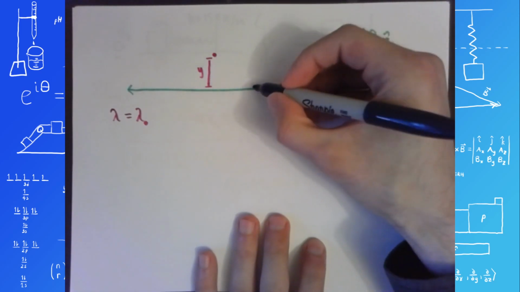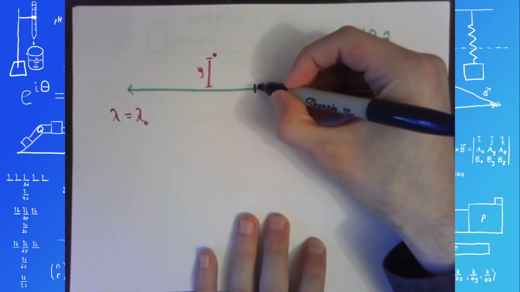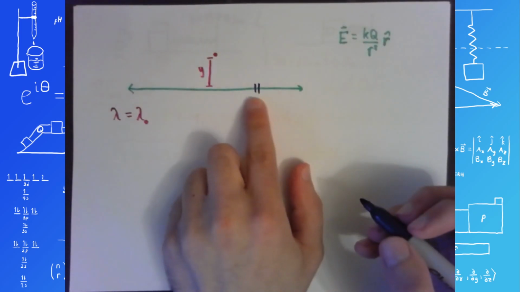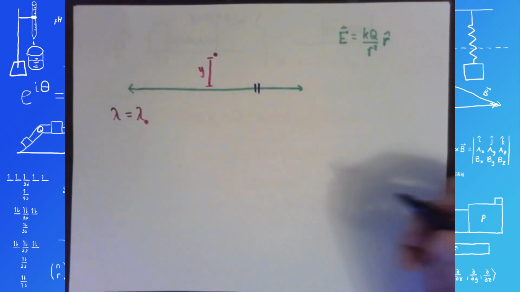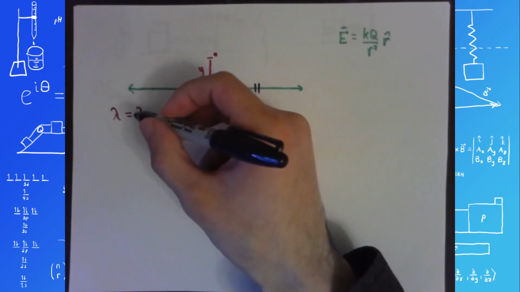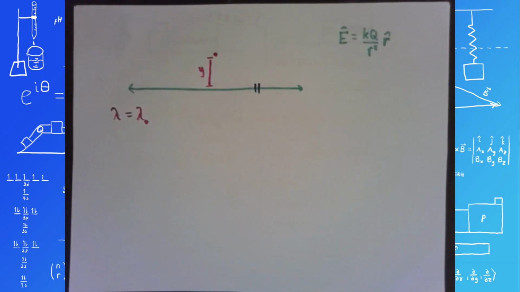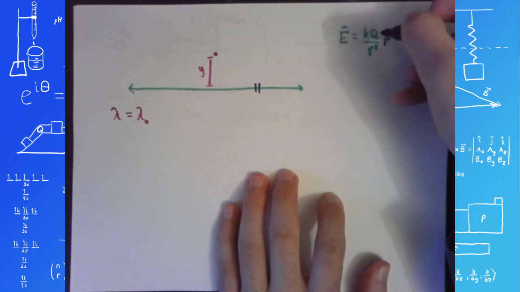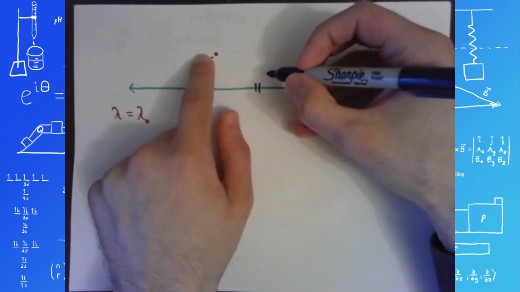So let's say, for example, I take a really thin slice of this line between those two little dashes I just drew. Let's say we got that thin slice of charge, and let's say that that represents a point charge, and let's say that this is positive, by the way. Okay, so electric field due to a positive point charge would just be k times the magnitude of that charge divided by its distance from the point squared.